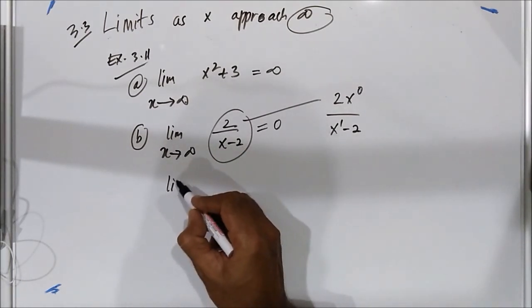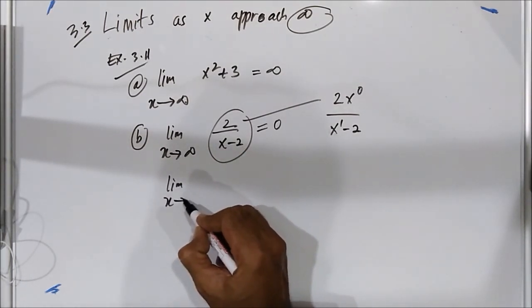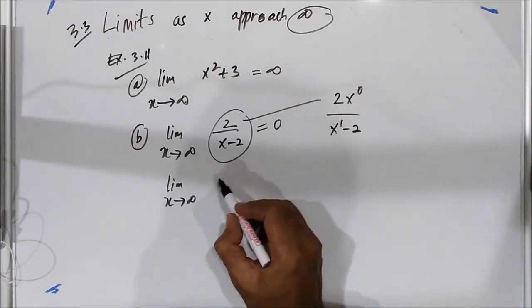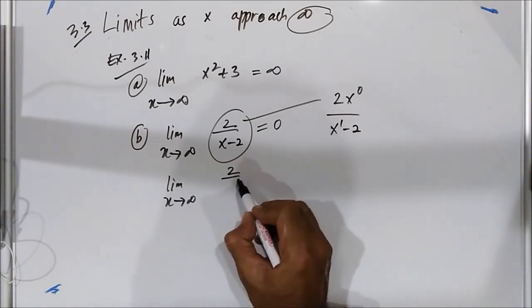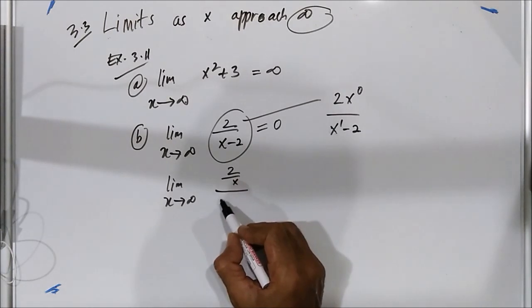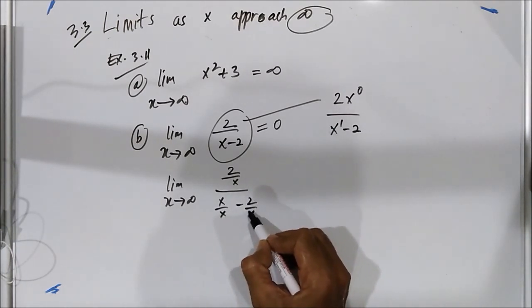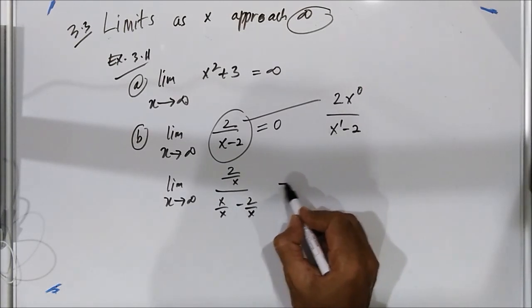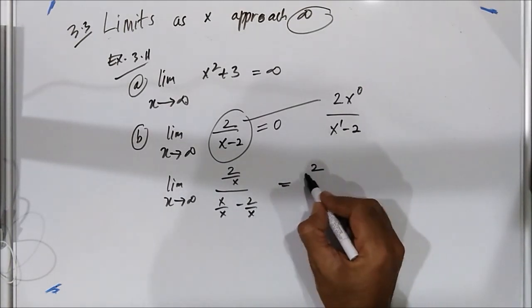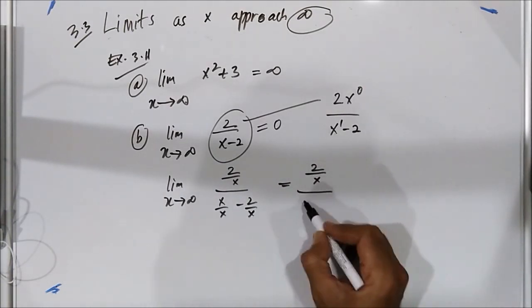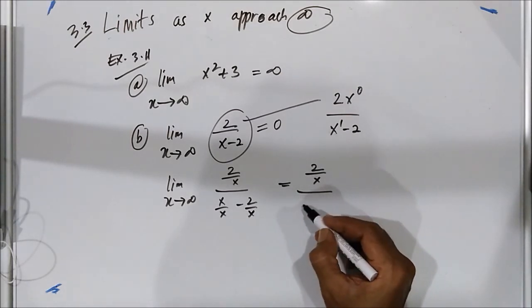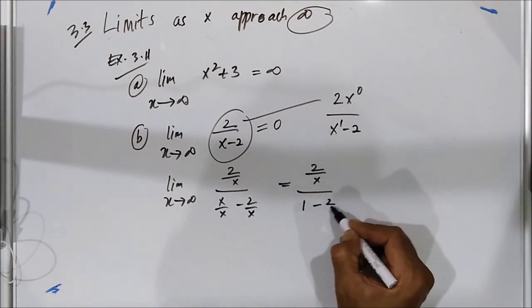So I have here the limit of x approaching infinity of 2 divided by x over x divided by x minus 2 divided by x. So here is 2 divided by x over x divided by x, which is equal to 1, minus 2 divided by x.